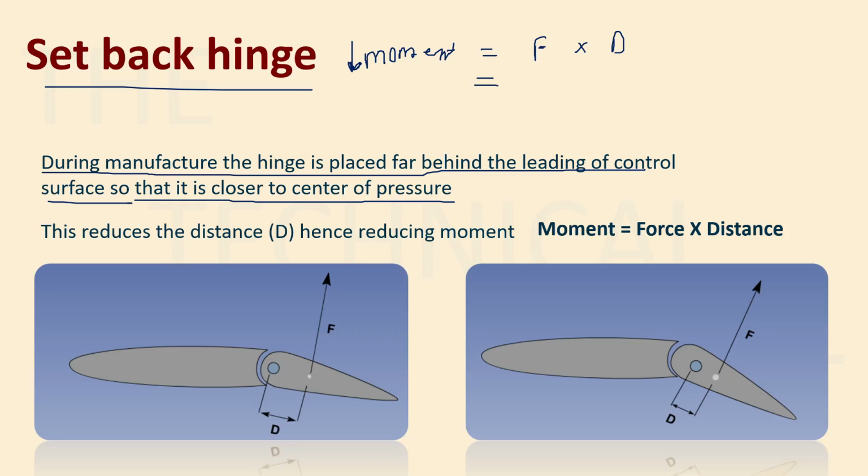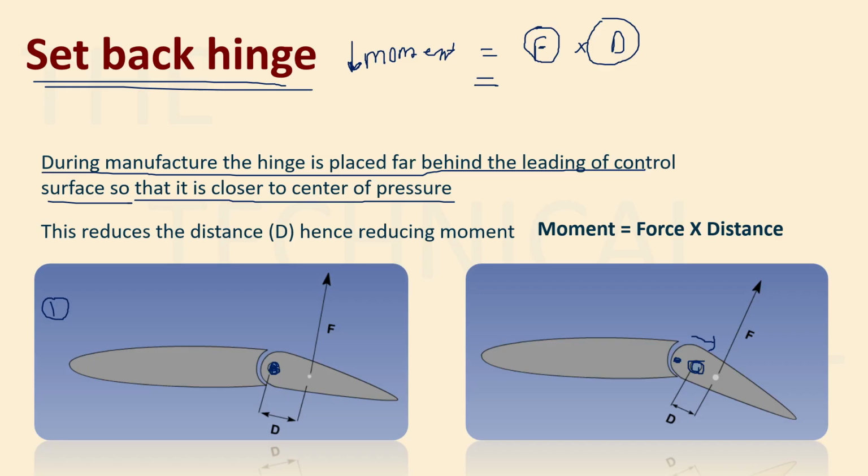So how do we reduce the moment? We can reduce it by reducing the force or reducing the distance, right? In this particular case, we have reduced the distance. How have we reduced the distance? Distance is reduced by moving this hinge backwards. In the first diagram, you can see that the hinge is placed here, right? In the second diagram, the hinge has moved, so now the hinge is placed here instead of here.